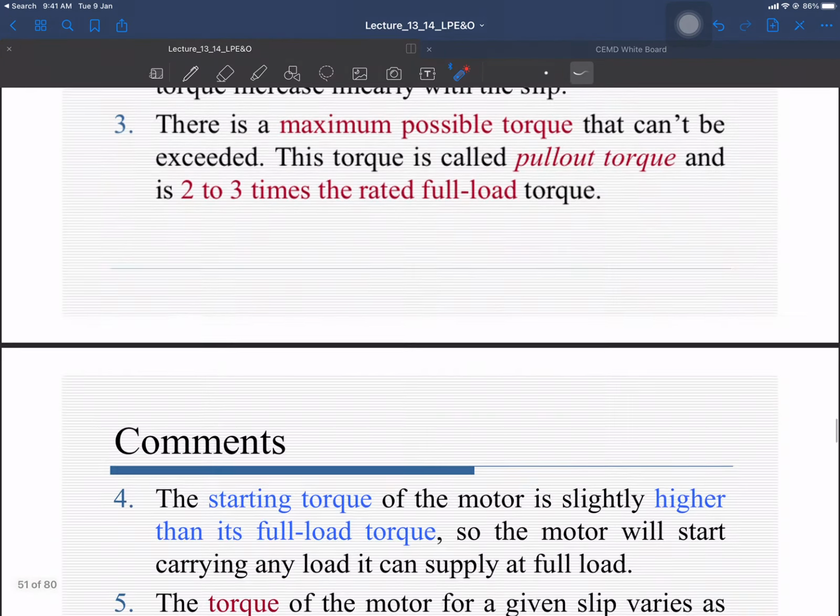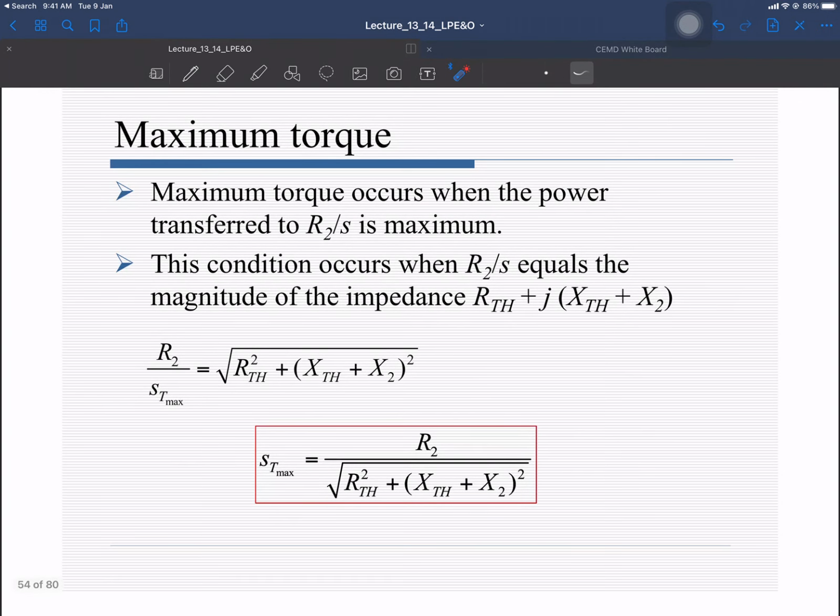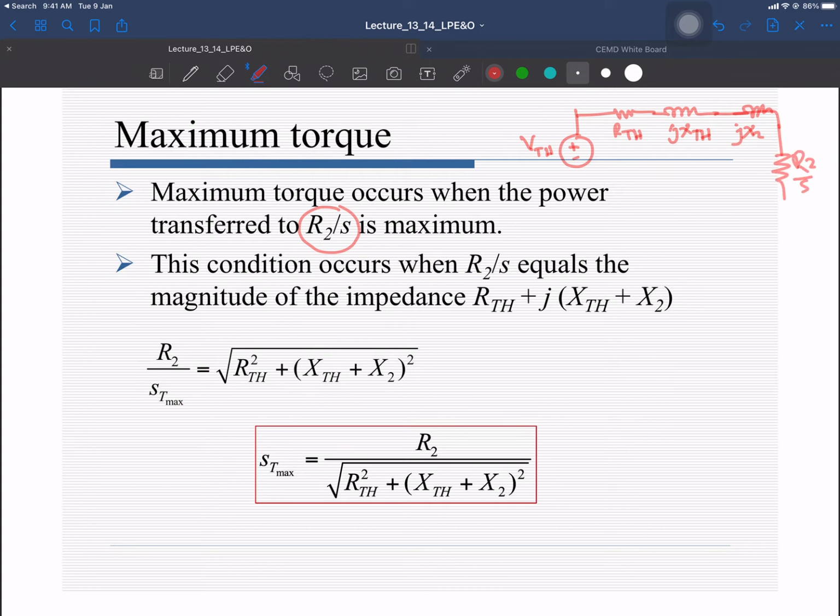Okay, so now using this concept in mind, the maximum torque occurs when the power transferred to R2 by S is maximum, right? We have just seen it in the equivalent circuit. So if I draw the equivalent circuit over here, we have R Thevenin, jX Thevenin, and then we have jX2 and R2 by S, and this is the Thevenin equivalent circuit.